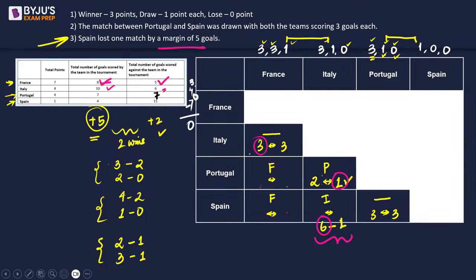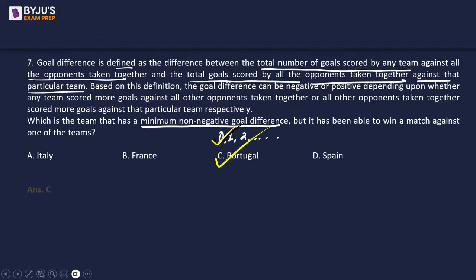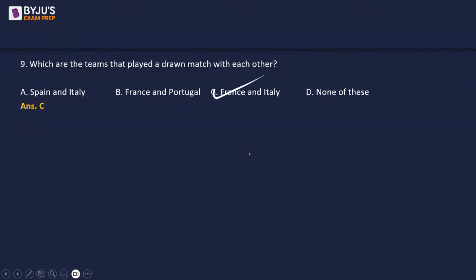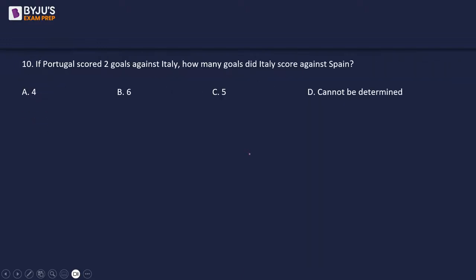I don't care about the outcomes or the number of goals in the other matches. If I only keep track of Italy's total number of goals, which is 10, right? Then it should be 6 against its opponent. So 6. Italy must score 6 goals against Spain, and precisely the score was 6-1 in the match between Italy and Spain. Right?